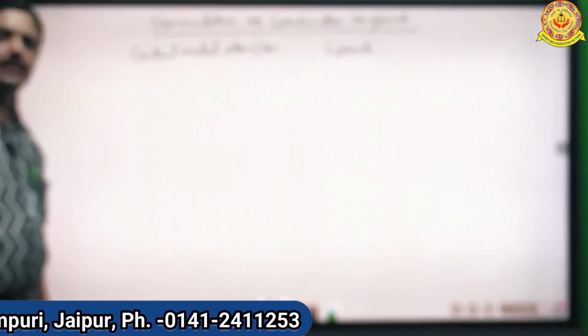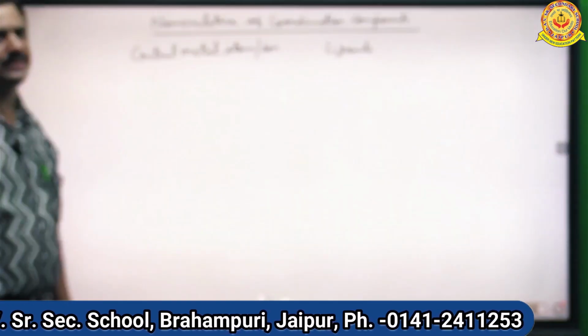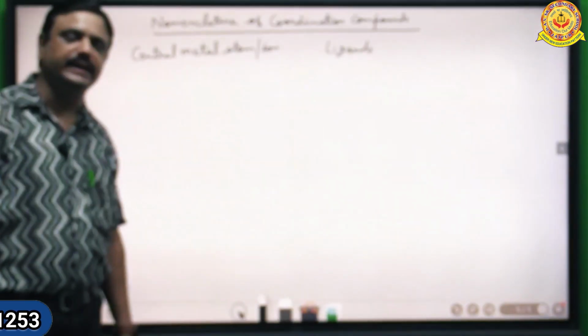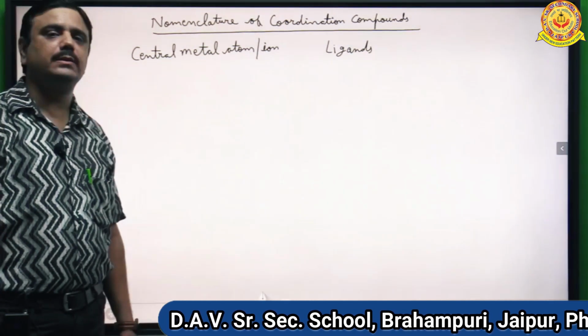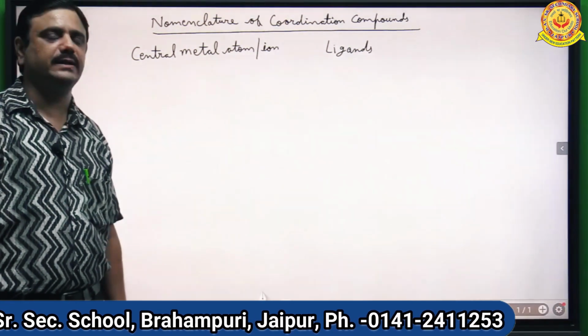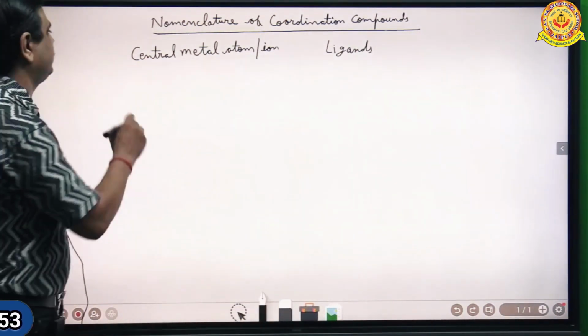If the coordination sphere has only one type of ligands, then it is called homoleptic complex. But if the coordination sphere has two or more types of ligands, then it is called heteroleptic complex.